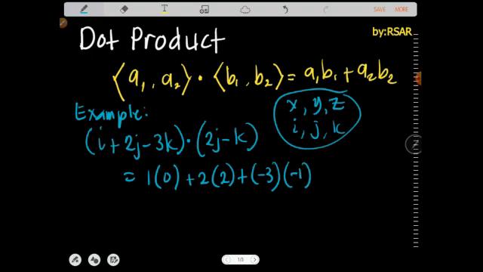Okay, then simplify natin, that is equals to 0 plus 4 plus 3. Sorry, mayroong mali. So 1 times 0 is 0. Okay, so that is equals to 7.